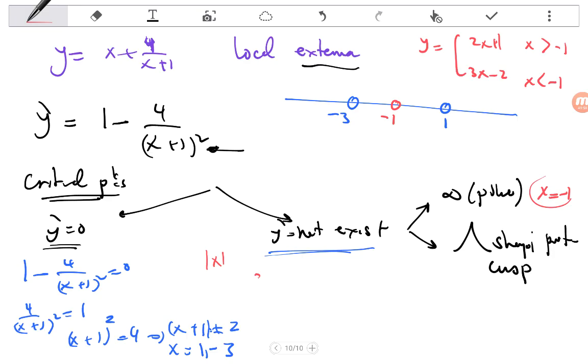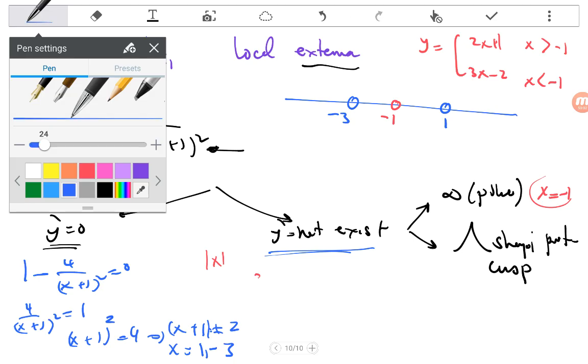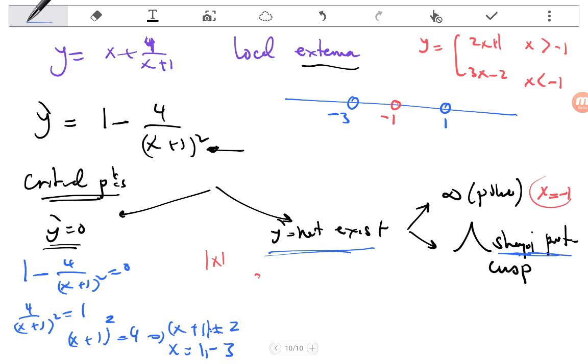When you describe a function as branches, you may have a cusp or a sharp point at the separating point at -1. How do we know that? We find the derivative at each branch. If they are not equal, then we'll have a sharp point or a cusp point. Okay? So here we don't have branches for this function.